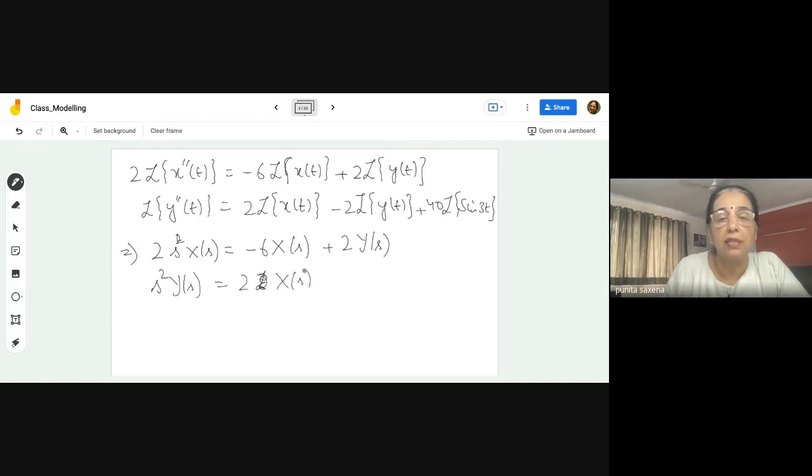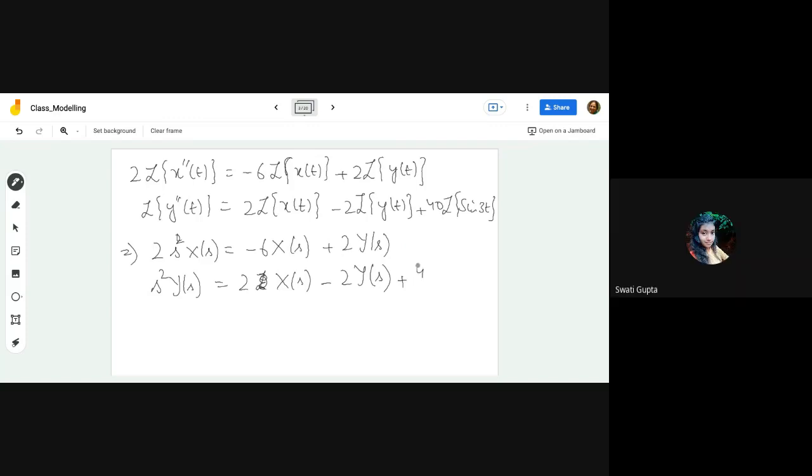Similarly, the second equation will now become s square Ys equal to twice Xs minus twice Ys plus, what is Laplace transform of sine 3t? 3 upon s square plus 9.